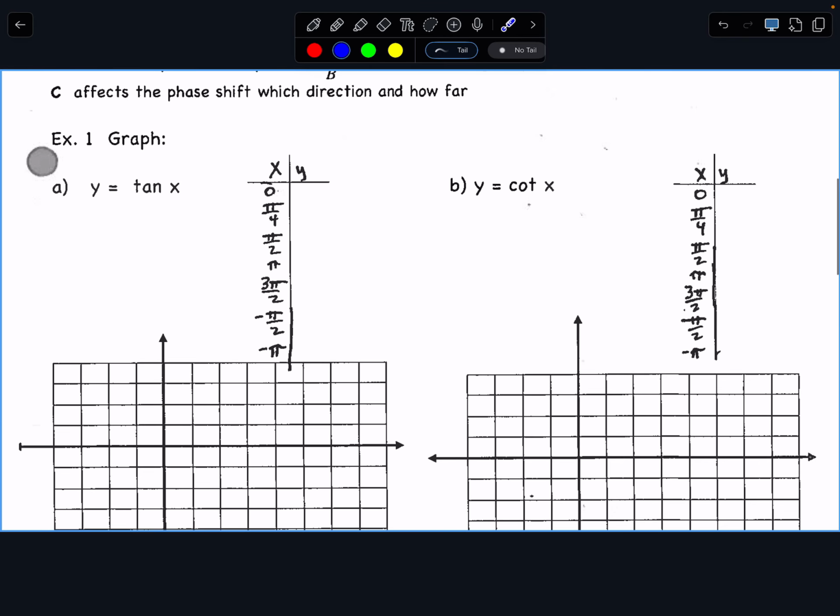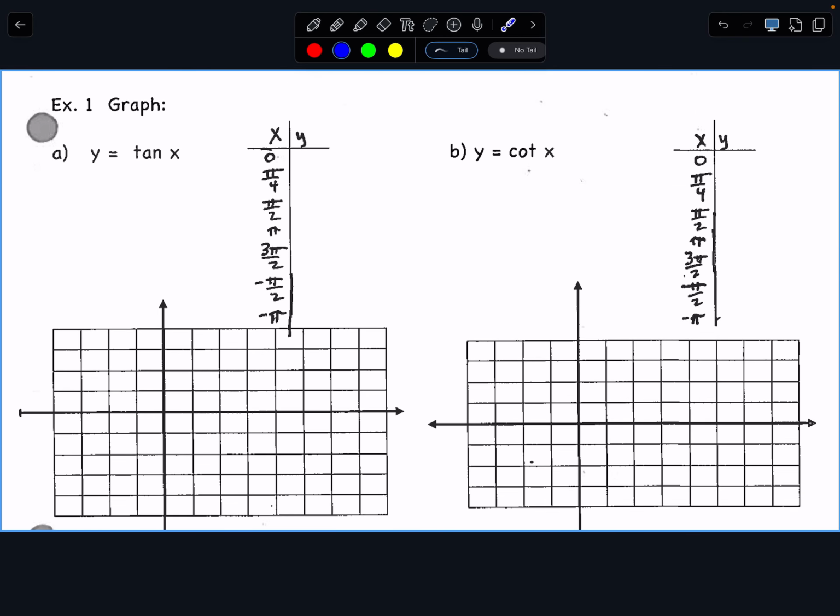So let's look at the basic footprint of the tangent of x. If we go to the unit circle, at 0, we have 1, 0. At pi fourths, we have root 2 over 2, root 2 over 2. At pi halves, we have 0, 1. We can start doing the tangent is the ratio of y to x.